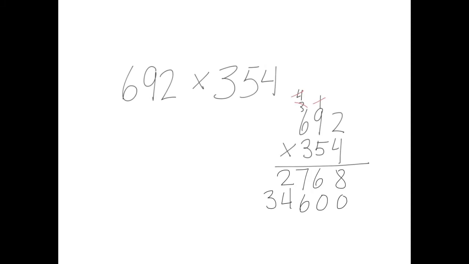Cross out my old placeholders. And again, now I'm going to recognize this 3 for being a 300. And I can start my multiplication. 3 times 2 is 6. 3 times 9 is 18. And 3 times... Oh, I'm sorry, that's a mistake. It's always good to be careful. 3 times 9 would be 27. And 3 times 6 is 18.